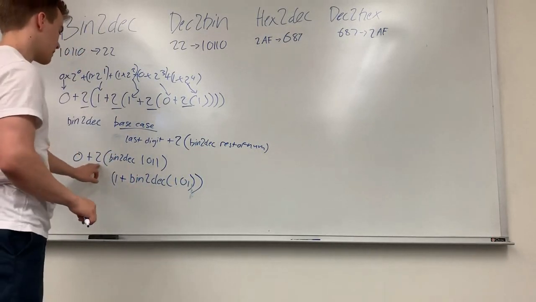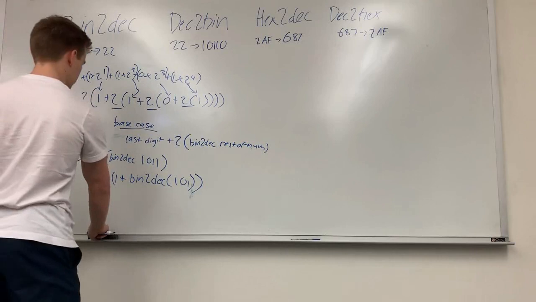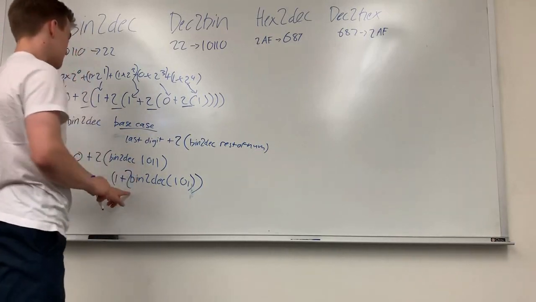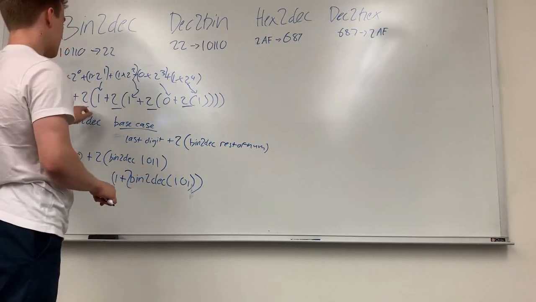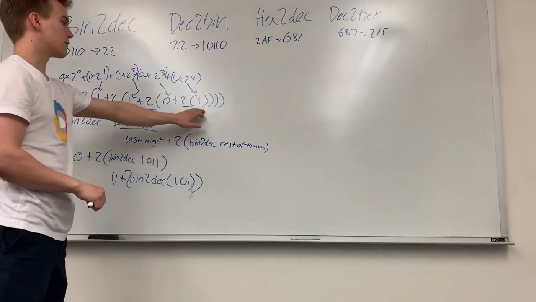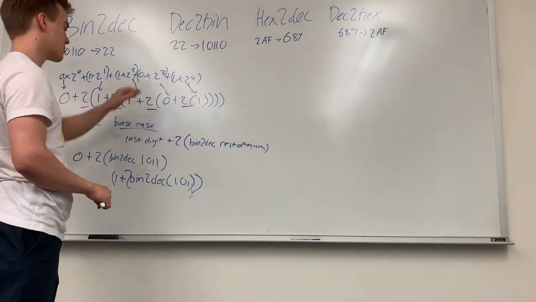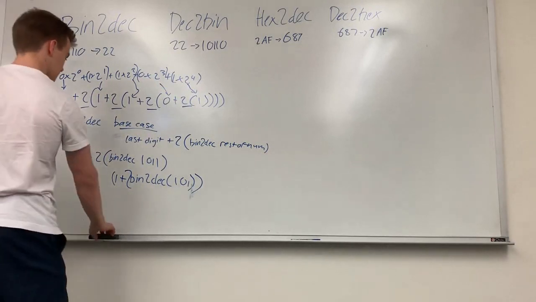I hope you understand why I'm multiplying by 2 each time. 1 plus 2 times bin to dec 101. So as long as I'm increasing the multiplicative factor by 2 each time, that will fit with this numeric representation. And this helps me just define a recursive procedure that works for this.